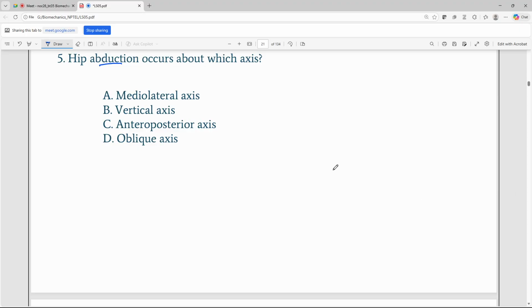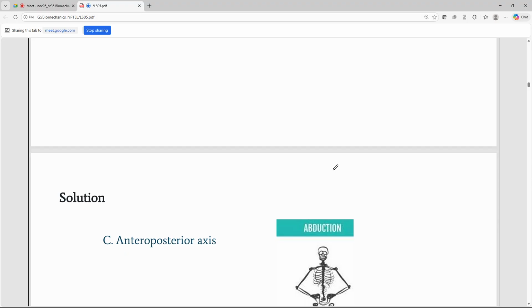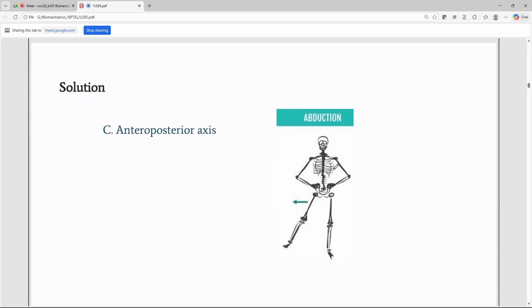Answer is option C, anterior posterior axis. This is the abduction. So abduction happens in this direction. Then the axis should be going from anterior to posterior.